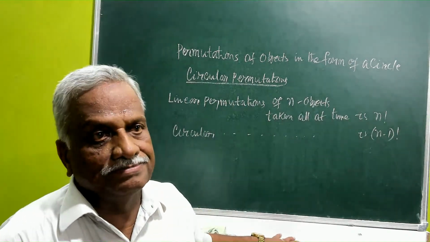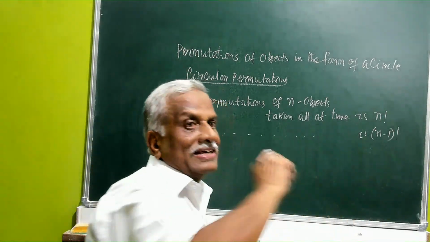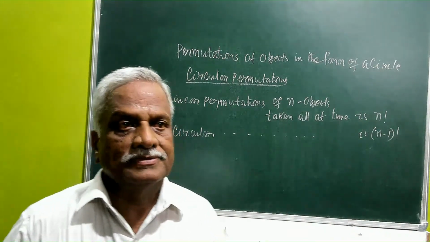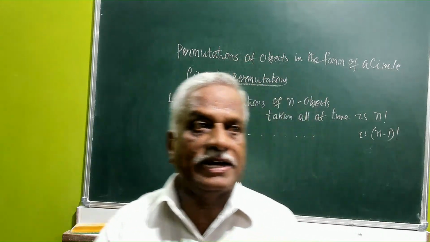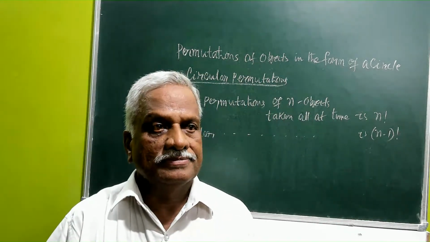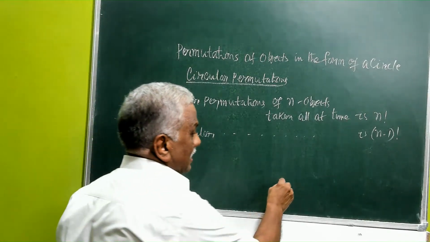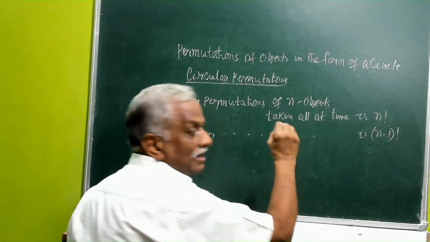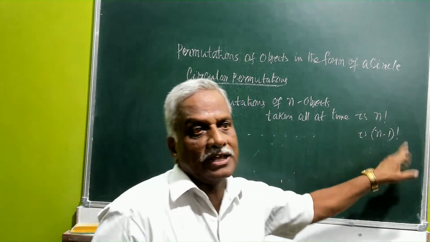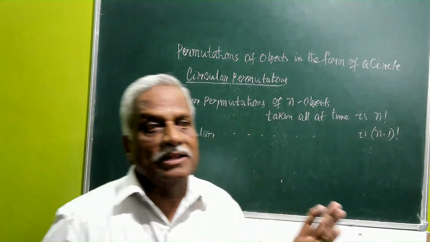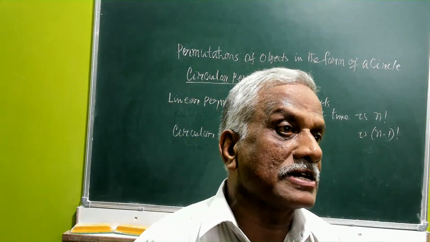Why it is one less can be explained practically. Supposing you want to form a circle with 5 objects, or you can just imagine 5 of your friends want to form a circle. You just 5 of your friends decide, let us form a circle. And all of them start moving, you cannot form a circle. So one person has to stand, looking at him, the remaining can form a circle. Therefore, the arrangement of 1 is fixed. The remaining, n minus 1. So remember, linear permutation of n objects is n factorial. Circular permutation of n objects is n minus 1 factorial.